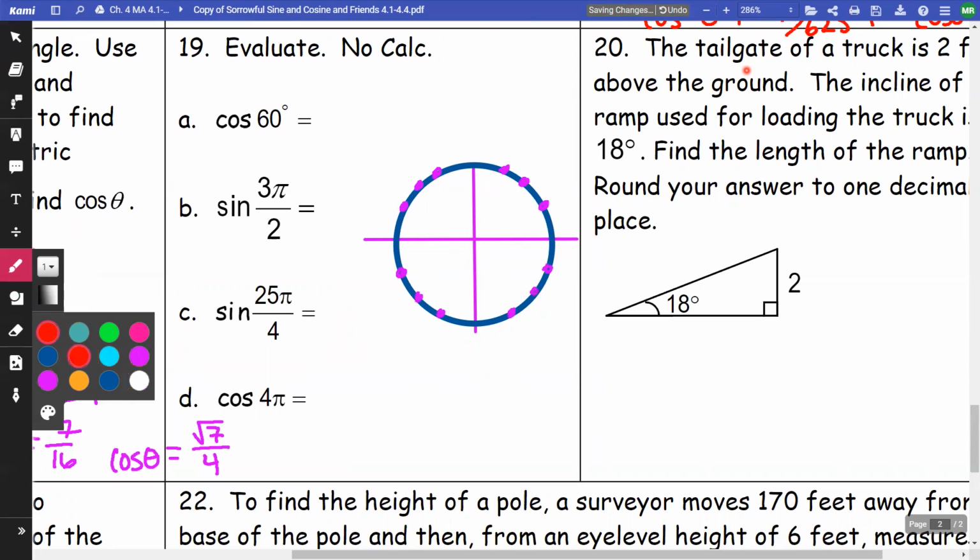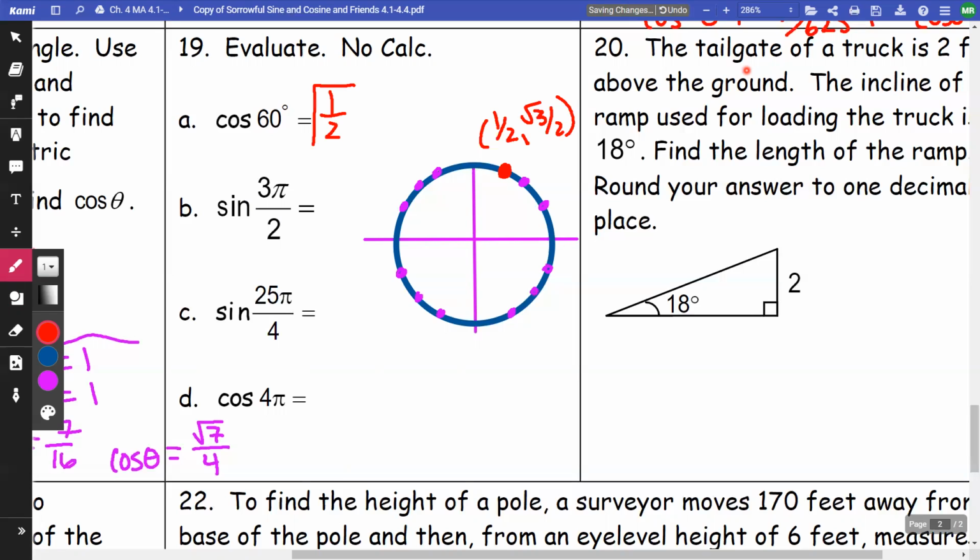Okay, so if I want 60 degrees, that's going to be this one here. That is going to be a 1/2 comma √3/2. So this is going to be 1/2. If I want 3π/2, sine of 3π/2, this is 3π/2. That's going to be 0, -1, and the sine is going to be -1.